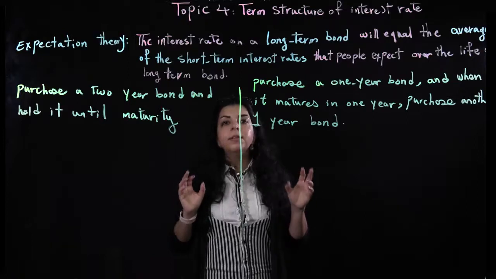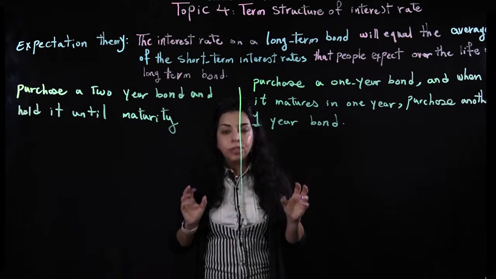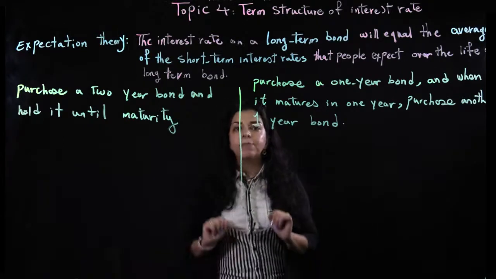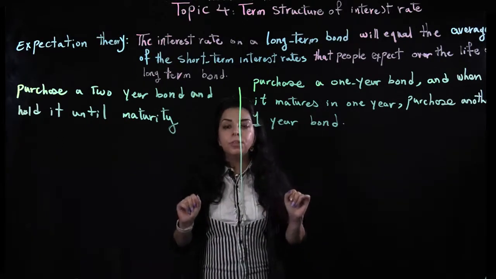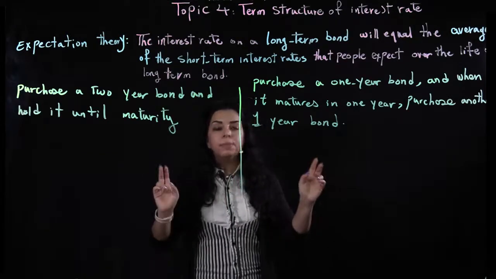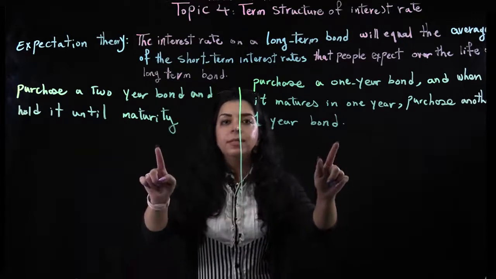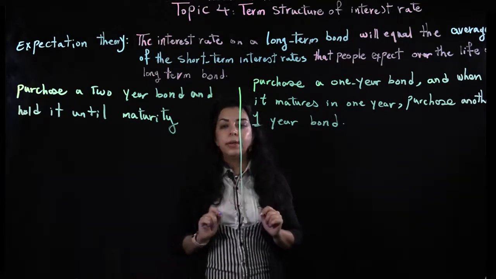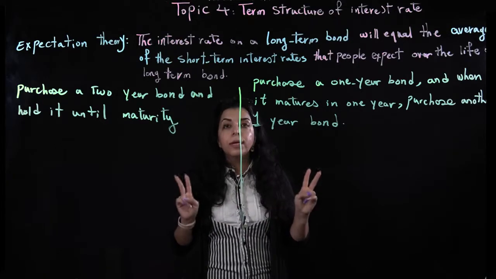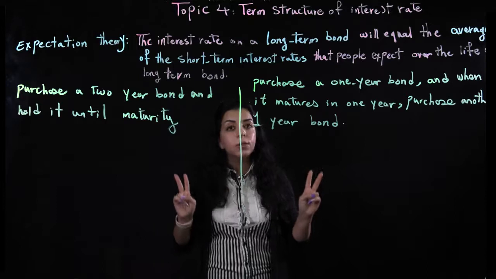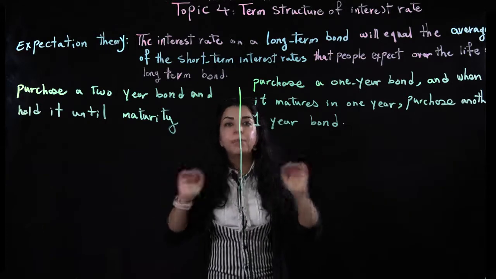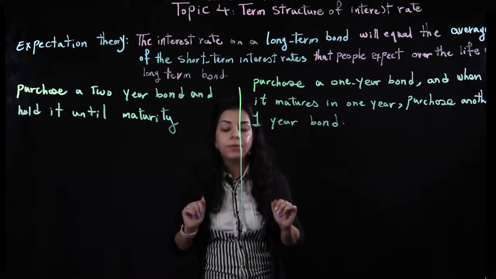So based on the expectation theory, if you have these two scenarios that I have written here, the return of these two scenarios should be the same. Why? Because based on the expectation theory, the term of these two scenarios are the same. Both of them are 2-year bonds. So the expectation theory is saying that as long as the term of the bonds are the same, they have the same interest, they have the same return.